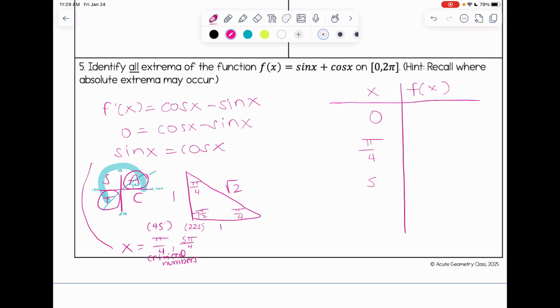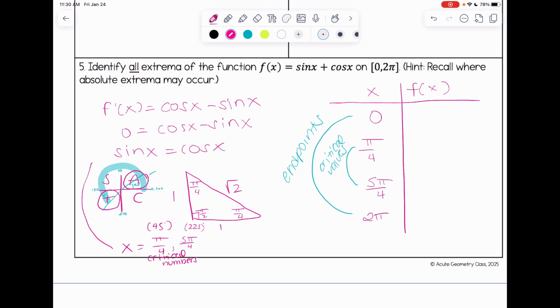It can occur at 5 pi over 4, and it could also occur at 2 pi. Just a note here, these are our endpoints, and these are our critical values. In the next lesson, there will be more practice with absolute extrema.